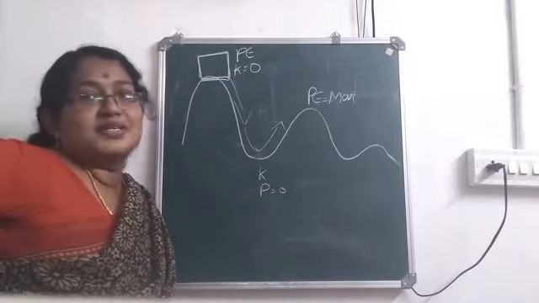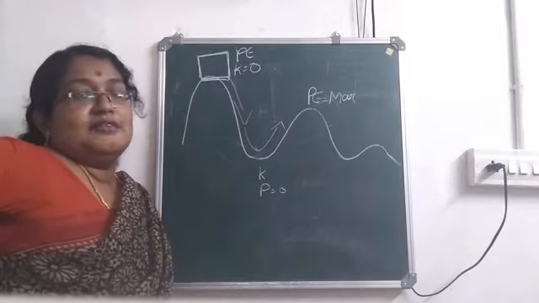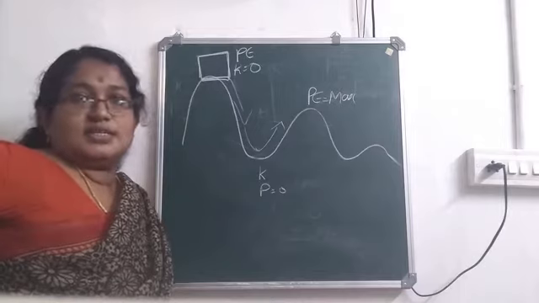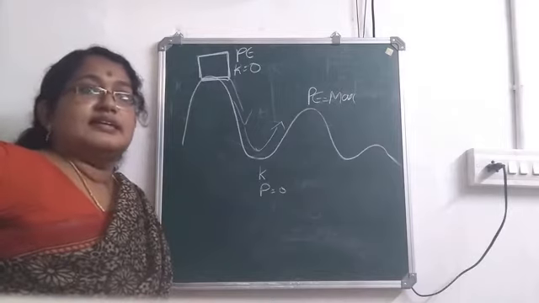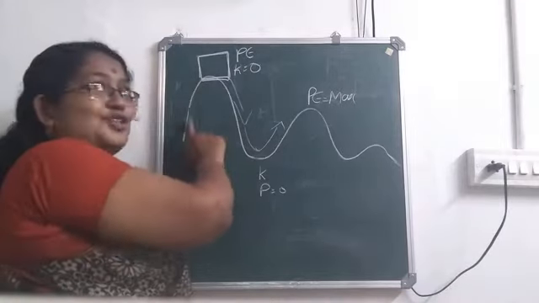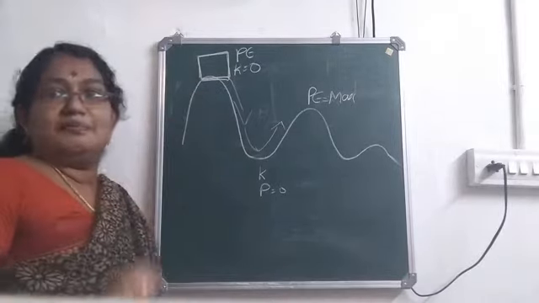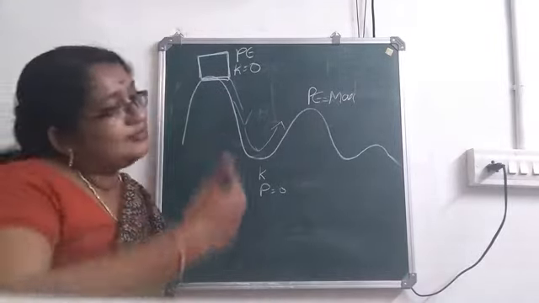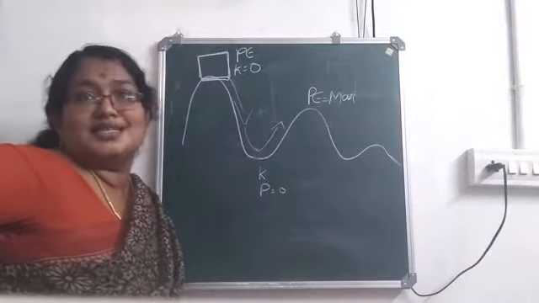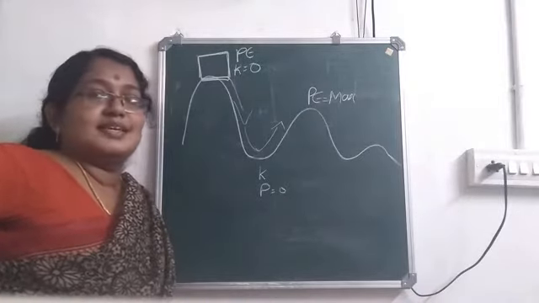Can you tell me what is the reason? When you are moving in a roller coaster and it is climbing the hill, its speed will be less, and when it is coming down, its speed increases. So what is the reason?